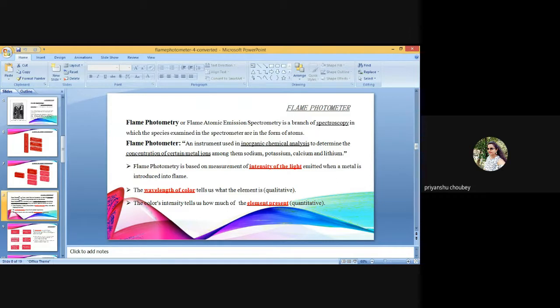Draw a calibration curve by recording absorbances from the display or the recorder for a series of standard solutions of increasing concentration, and the absorbance of the test solution. Find out the concentration from the calibration curve.